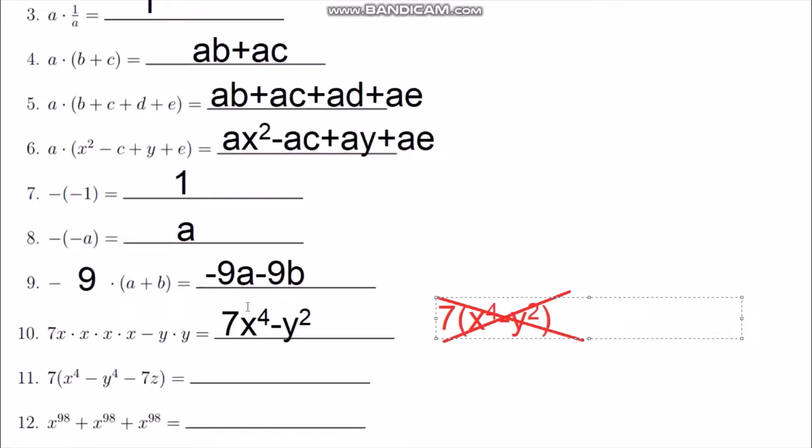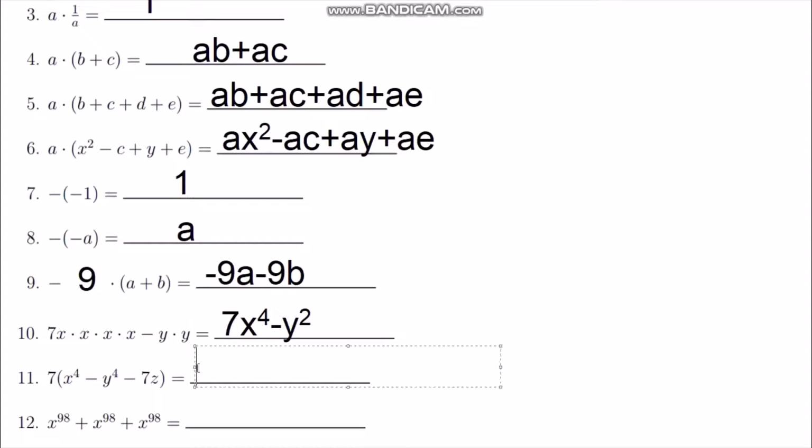These are totally different things. This one is having our 7 and it's multiplying it by all these numbers, and this one is distributing the whole thing in. We are not doing that here. Okay, so this would be wrong. Let's just get rid of that completely. That's bad. All right, let's go to the next one.